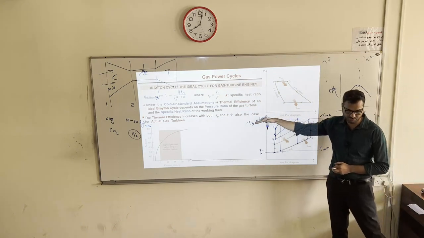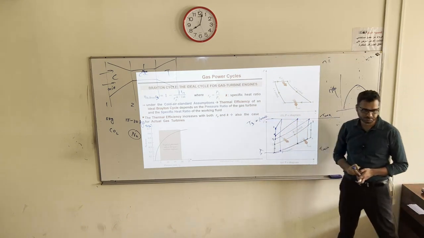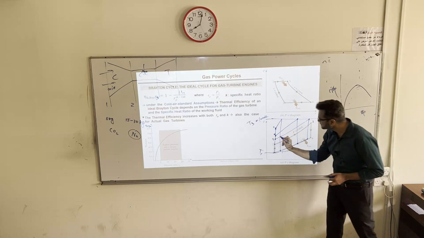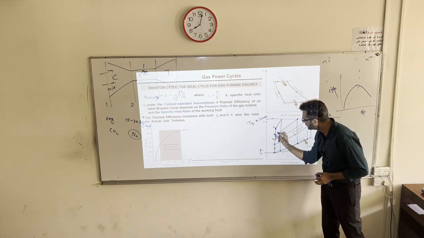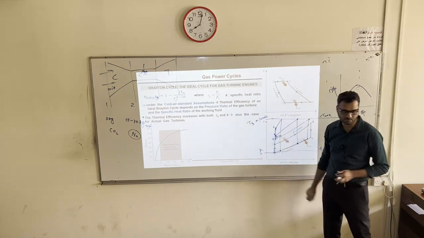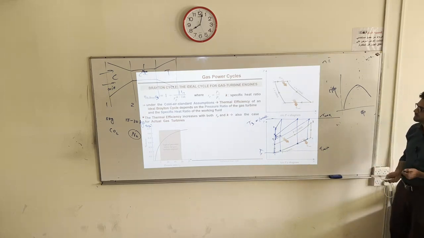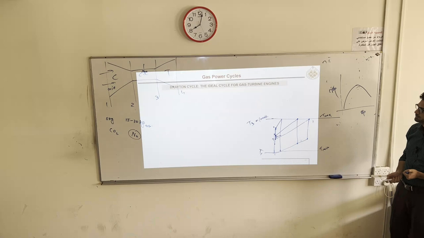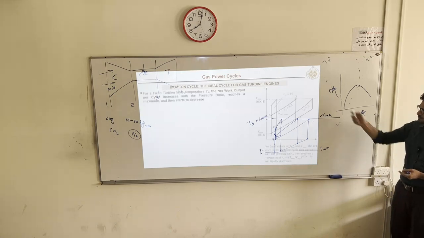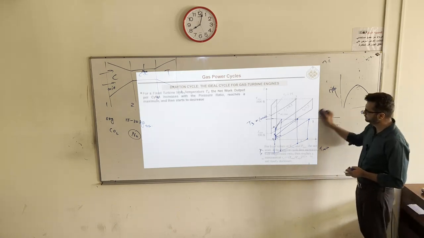When there is a restriction on T3, then because now a large amount of turbine work is going back to drive the compressor. Okay. That's what is explained in the next diagram.